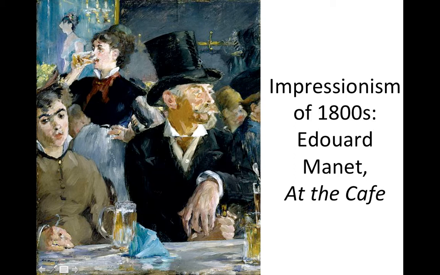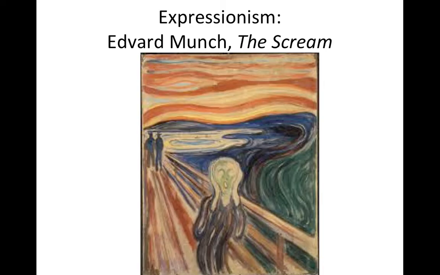But the way the brushstrokes are made, it is not necessarily to look like a photograph. So it can be a little bit more vivid colors. It could be a little bit more abstract, but still the topic is obvious. Sitting at a cafe.